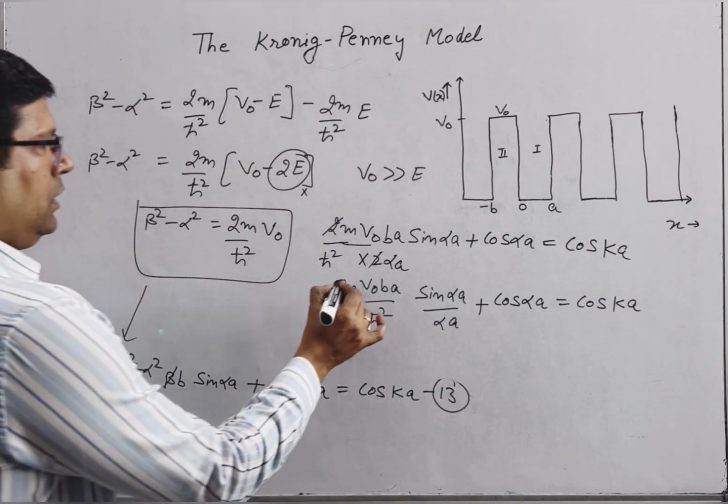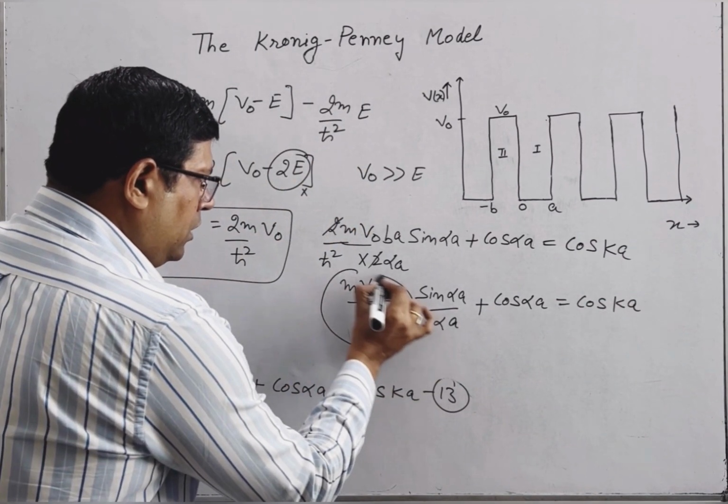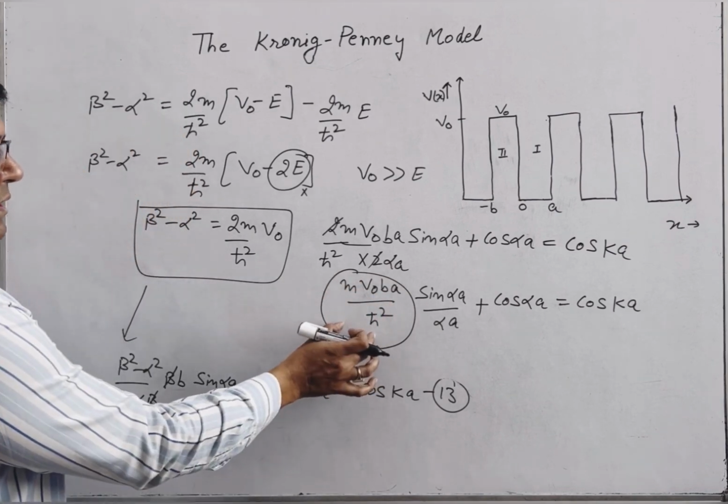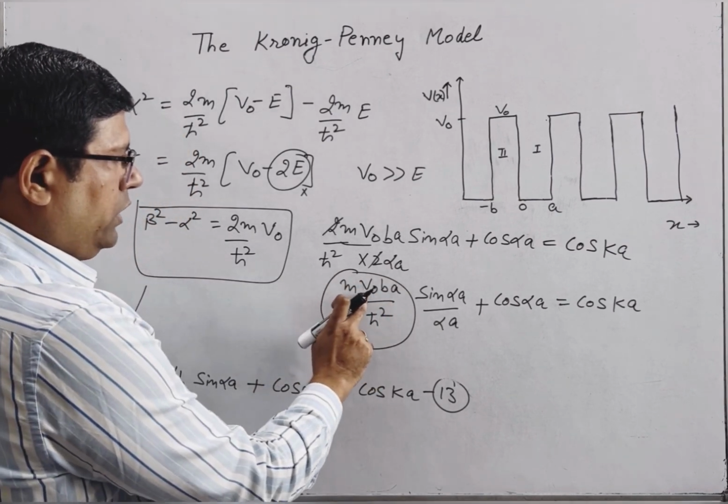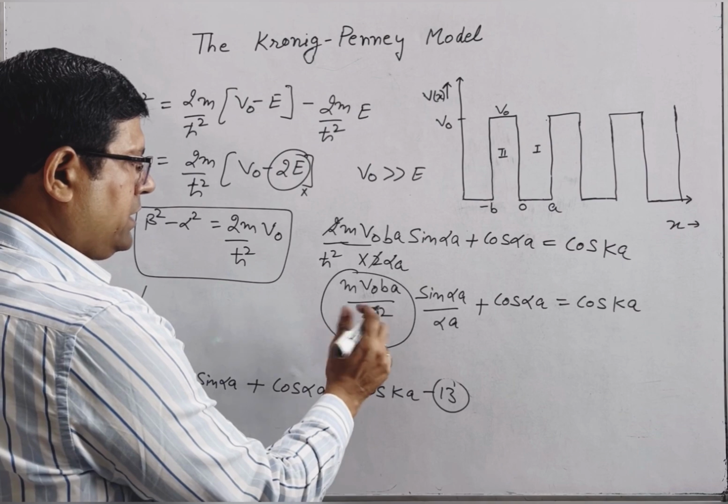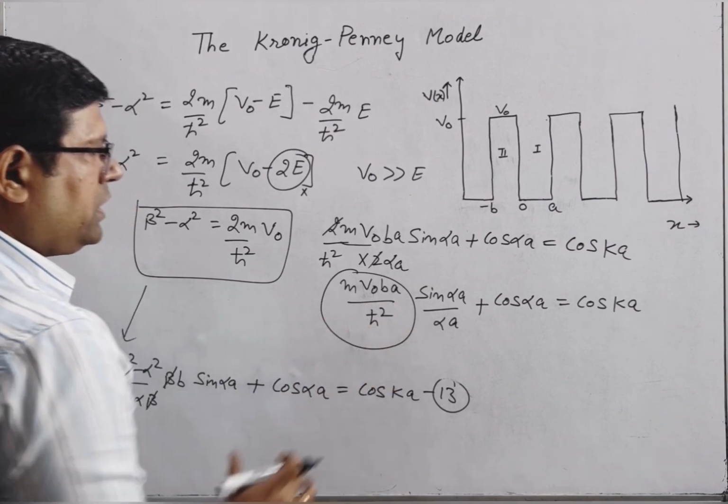Now all these are constants in this term. m is constant, V naught is constant, b, a, h cut square, all these values are constants.